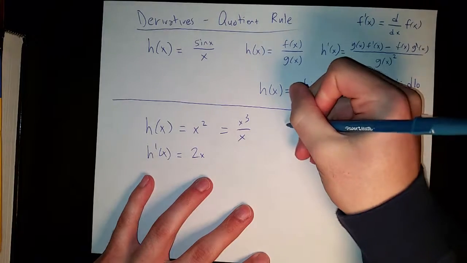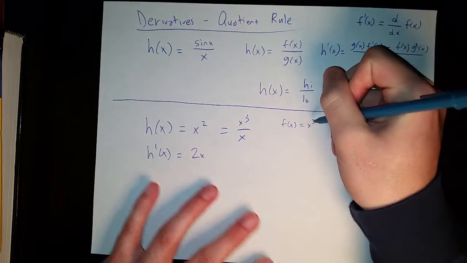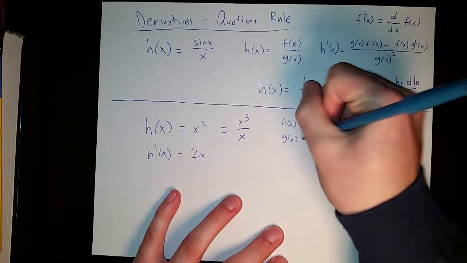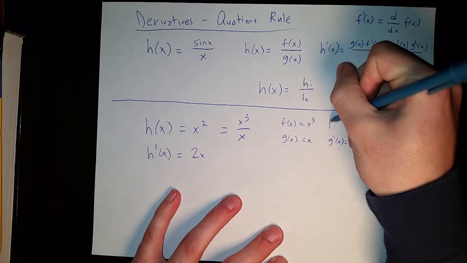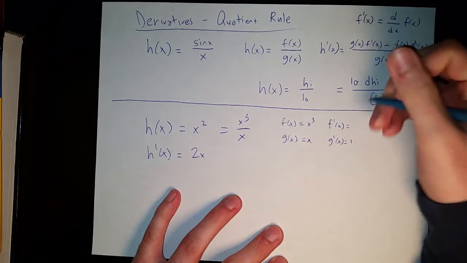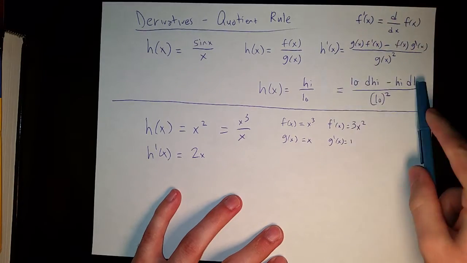All right, so what do we need? We need f of x equals x cubed, g of x equals x, g prime of x equals 1, f prime of x equals 3x squared. Okay, let's apply this equation.